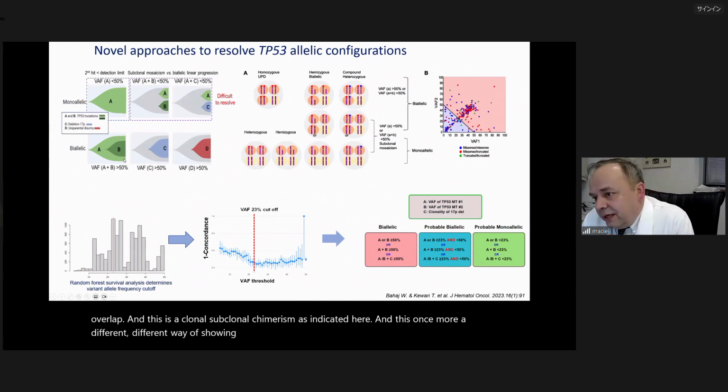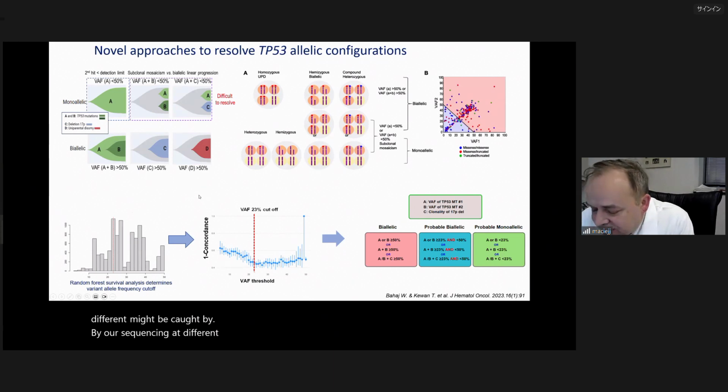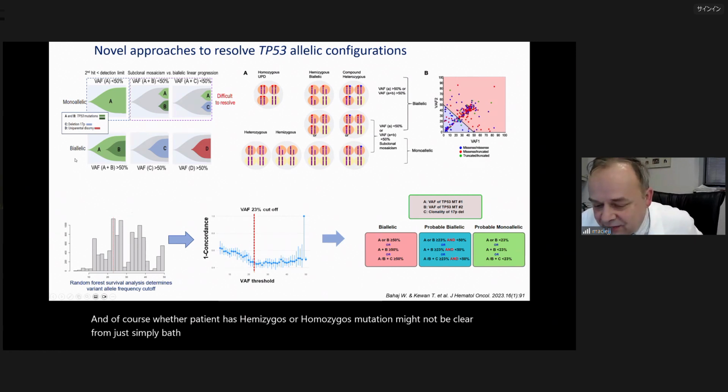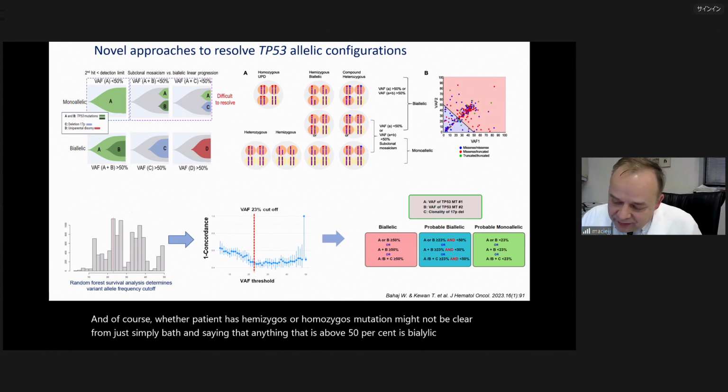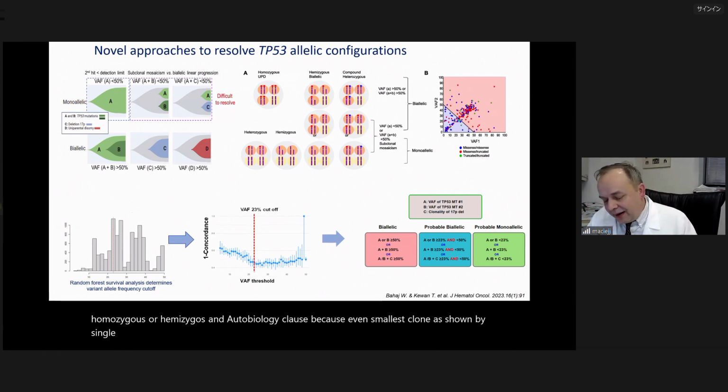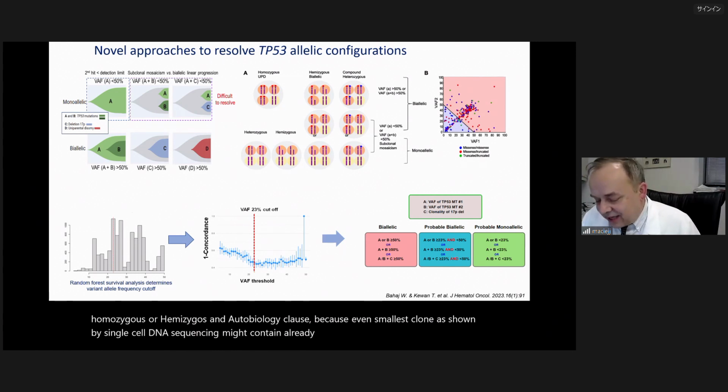But also, the linear evolution might be caught by our sequencing at different stages, and of course, whether a patient has hemizygous or homozygous mutation might not be clear from just simply VAF and saying that anything that is above 50% is biallelic or homozygous or hemizygous, and other biallelic loss, because even the smallest clone, as shown by single-cell DNA sequencing, might contain already biallelic subfractions.